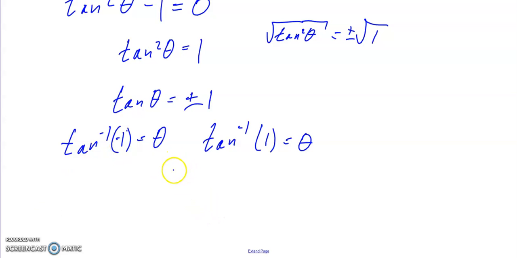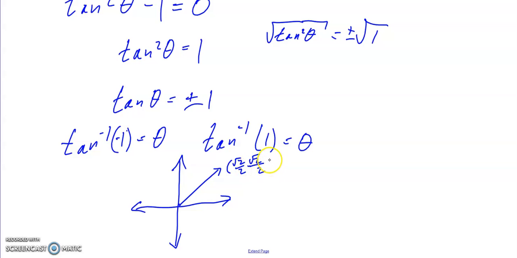When we look at our unit circle, tangent gives me a value of 1 when y and x are the same, and that's going to be radical 2 over 2 and radical 2 over 2. And that happens, we're in radians, with the reference angle of pi over 4.